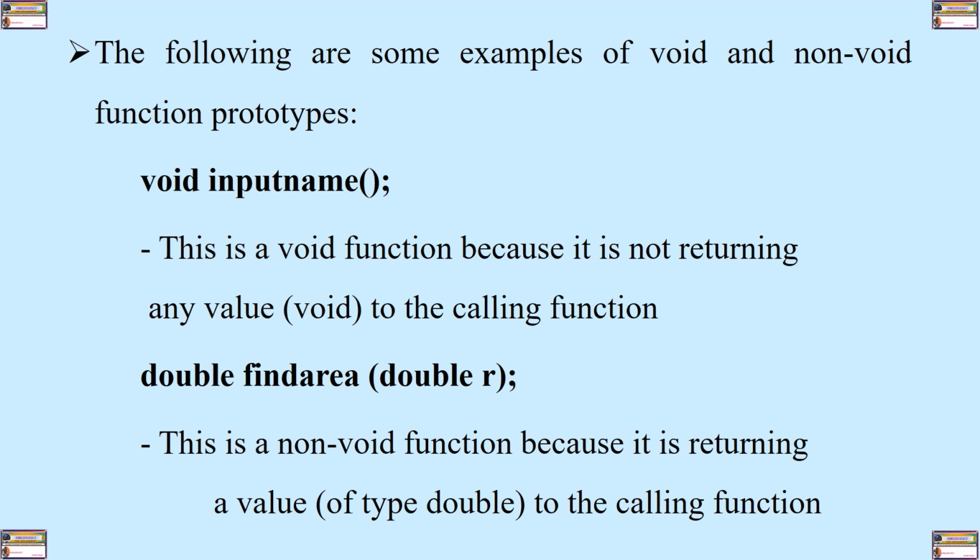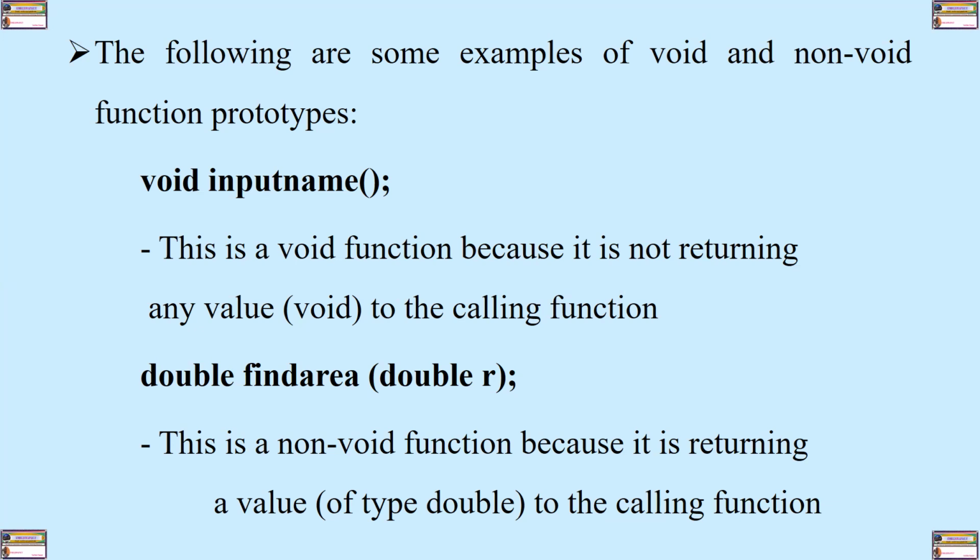So functions that do not return any value to the calling function are said to be void functions, while the functions that return values to the caller are called non-void functions. So we have two types of functions in C++.